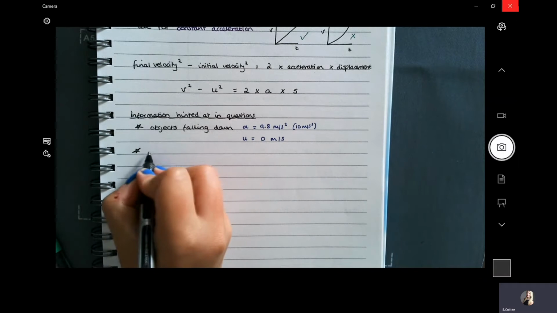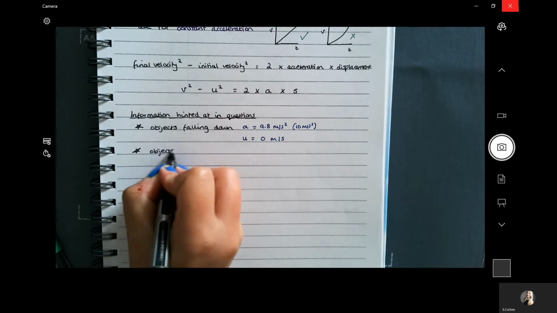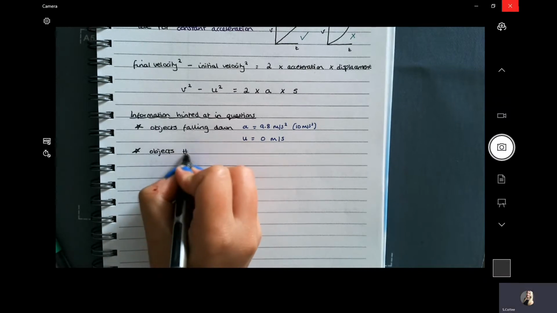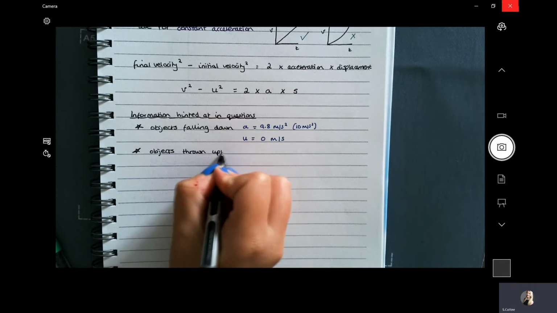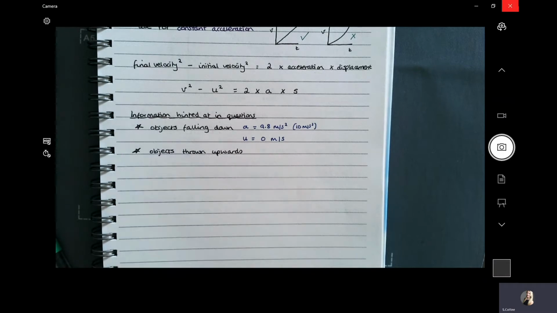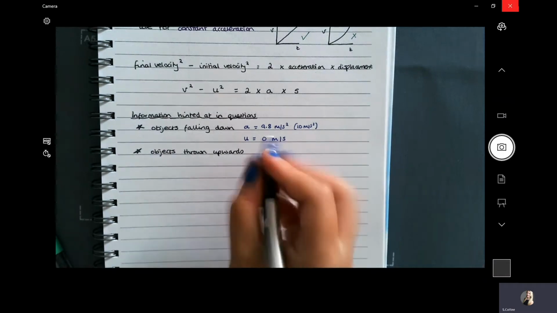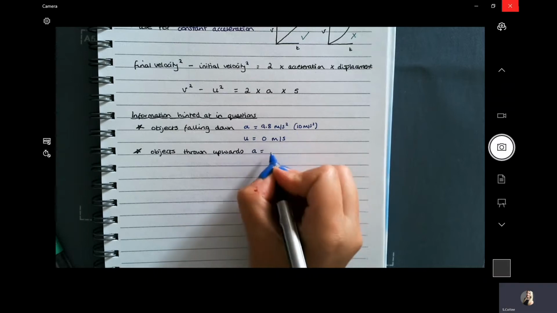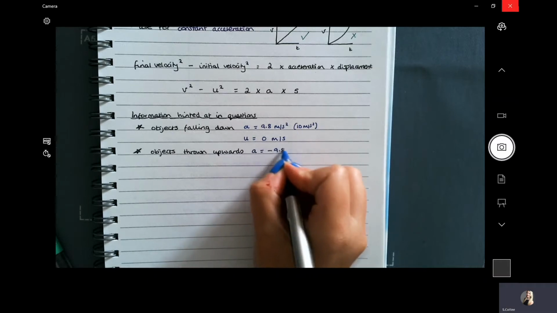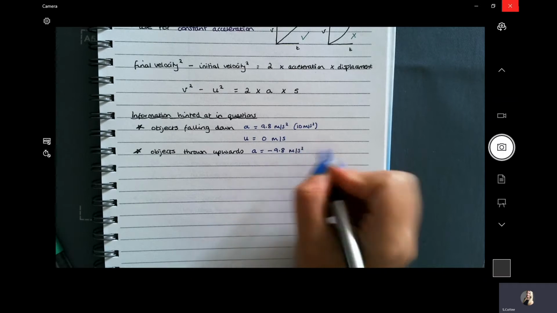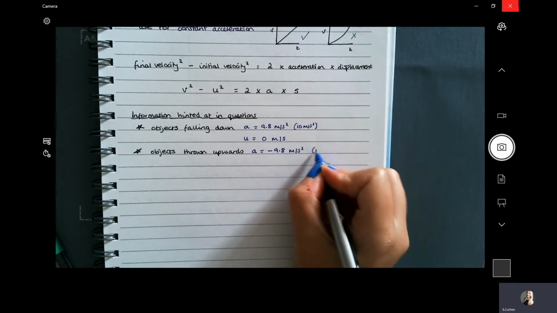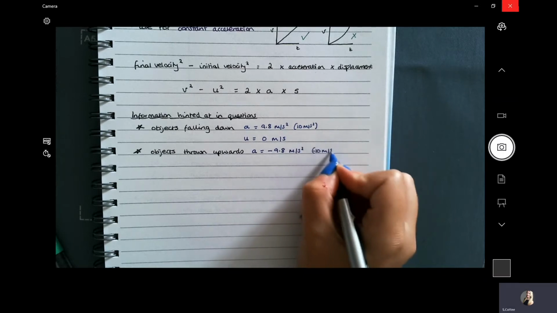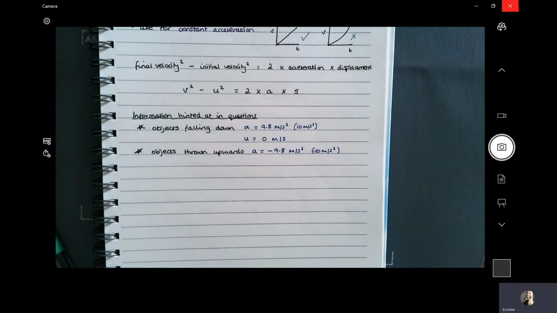In the opposite way, objects that are thrown upwards, they will be decelerating as they are thrown upwards, and so their acceleration will be minus 9.8 meters per second squared, or minus 10 meters per second squared.